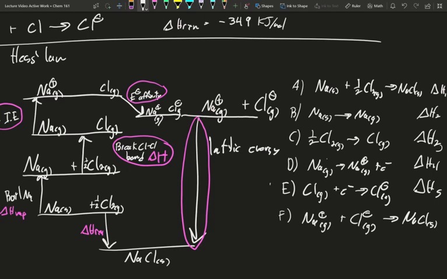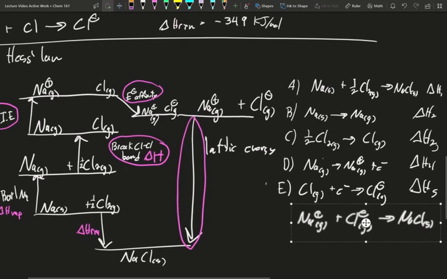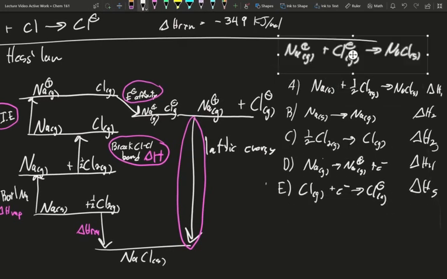And this wouldn't actually be one of our variables. This would be the one we're solving for. This would be our target reaction. You could solve the delta H of that reaction.